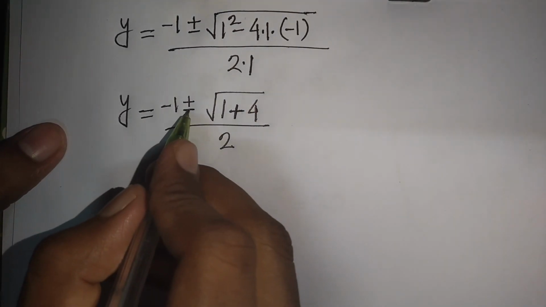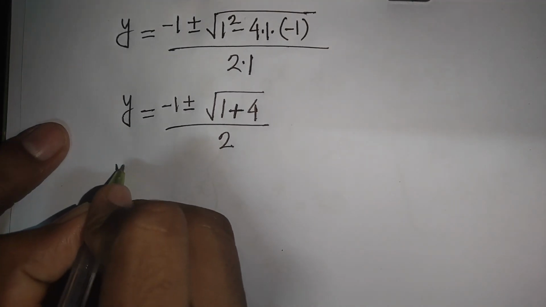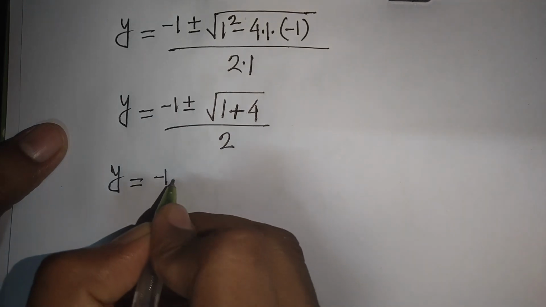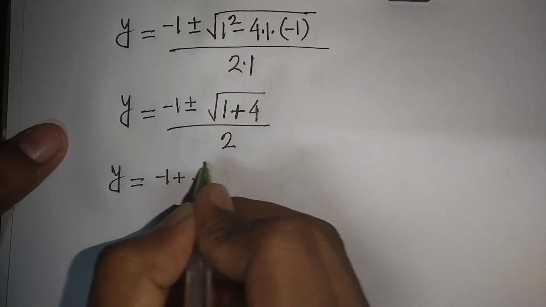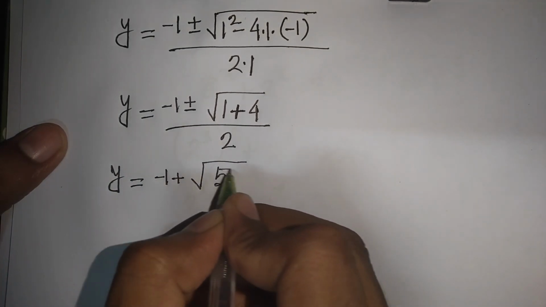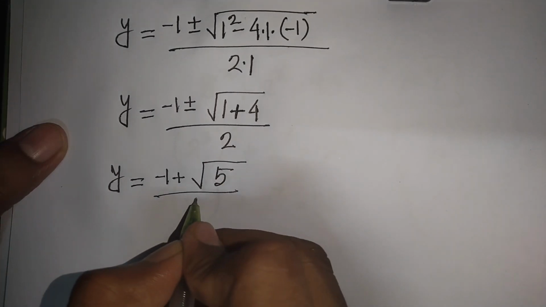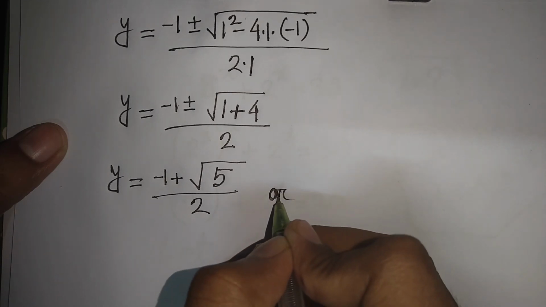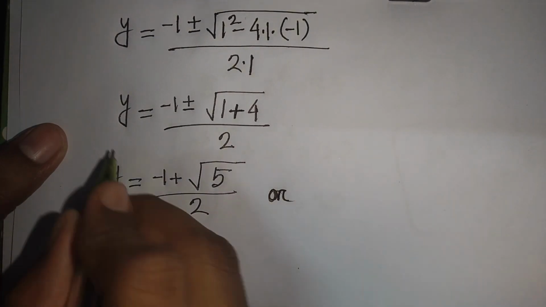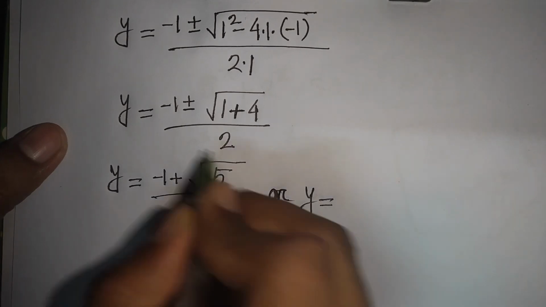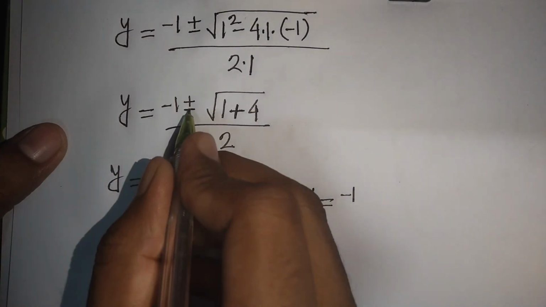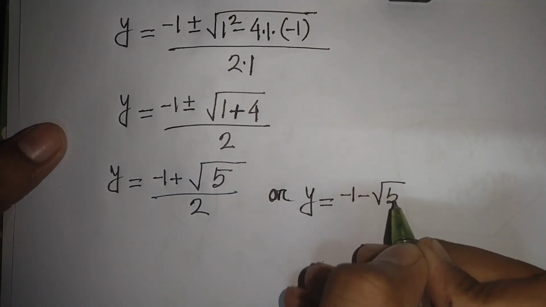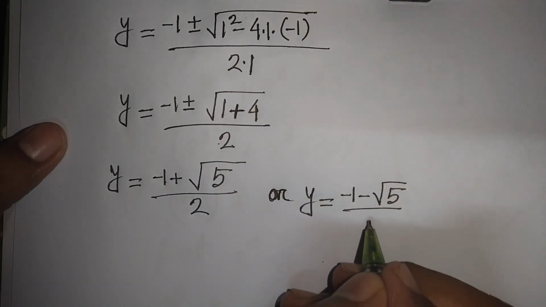Now we see two cases: y is equal to minus 1 plus a square root of 1 plus 4, that means 5, divided by 2, or y is equal to minus 1 minus a square root of 1 plus 4, that means 5, divided by 2.